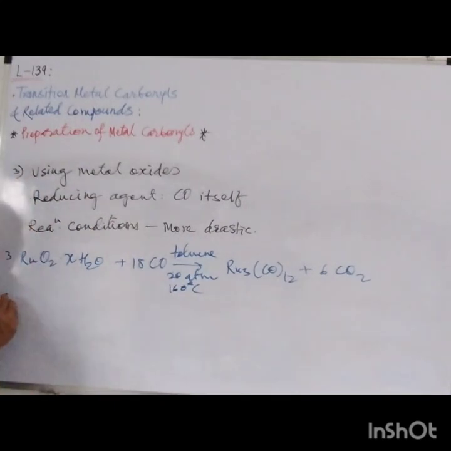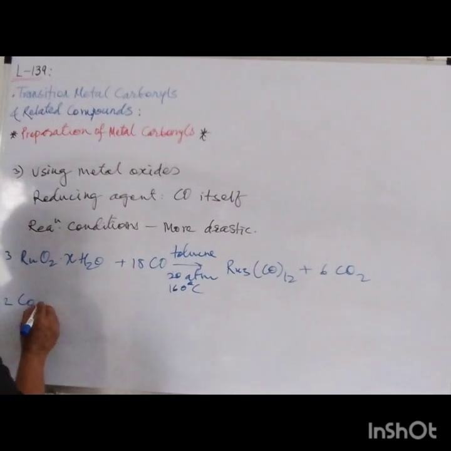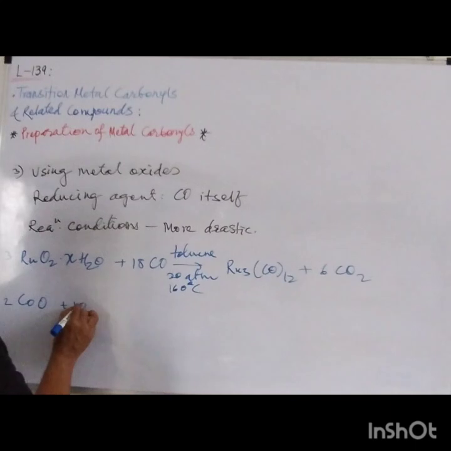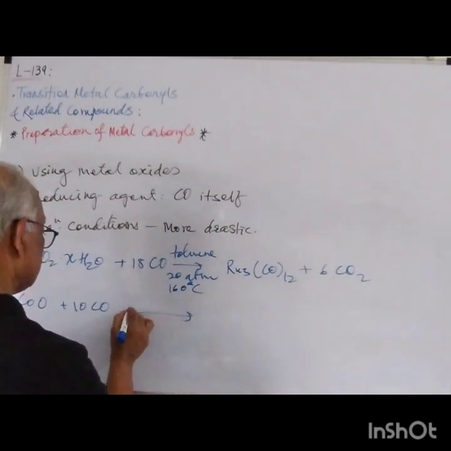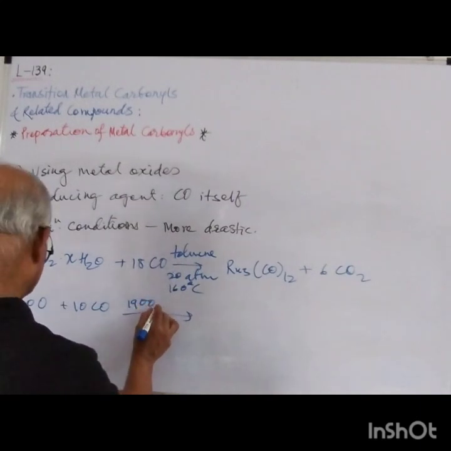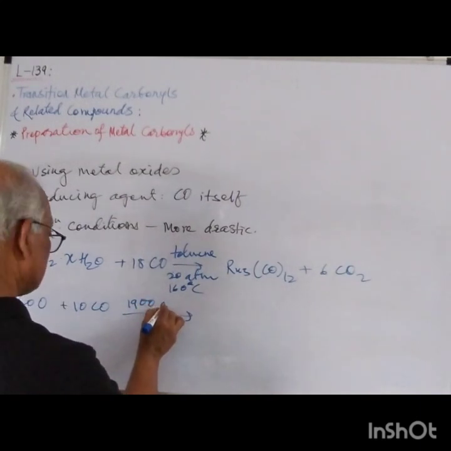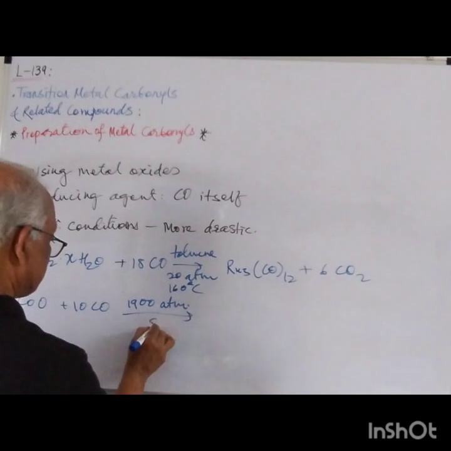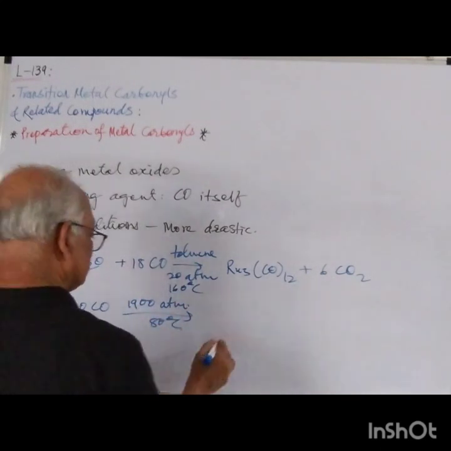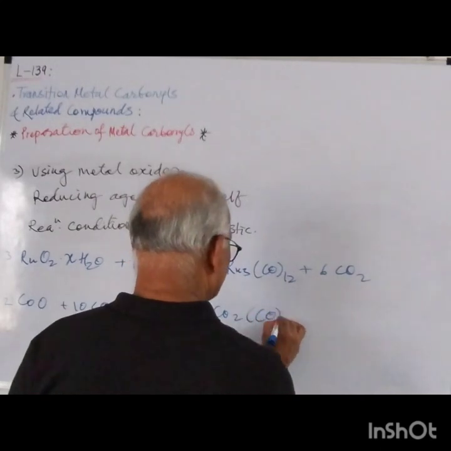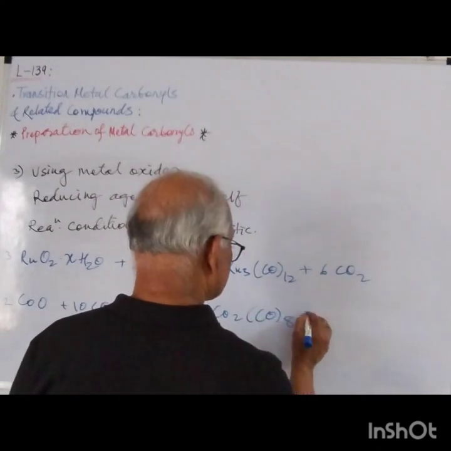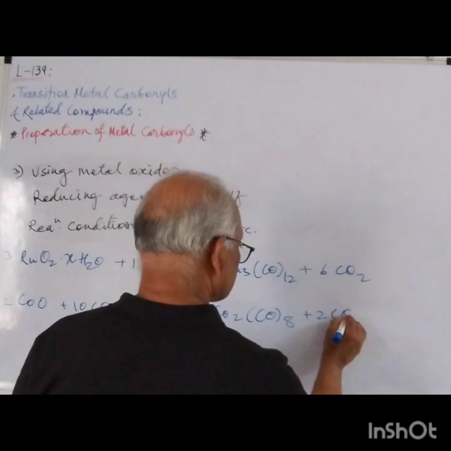Then the example of cobalt oxide, that is CoO plus 10 carbon monoxide under 1900 atmosphere pressure, 80 degrees centigrade temperature, giving Co2CO8 plus twice CO2.